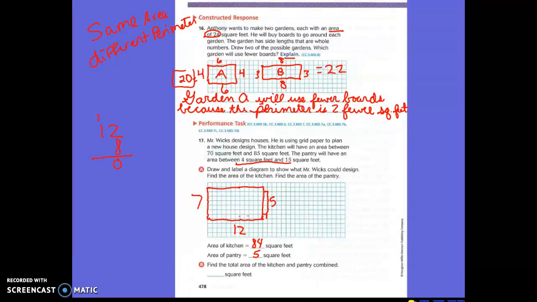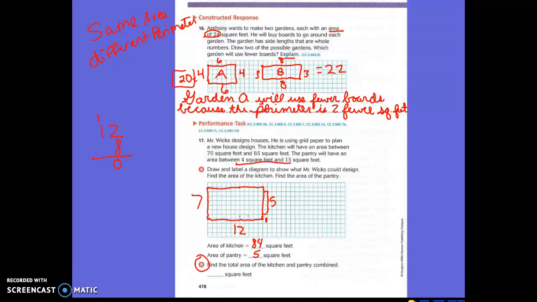Now B says draw and label the diagram, which I did. I have 7 feet by 12 feet and 5 feet by 1. This is a 1 right here if you can't see it. There. Now you can see my 1.